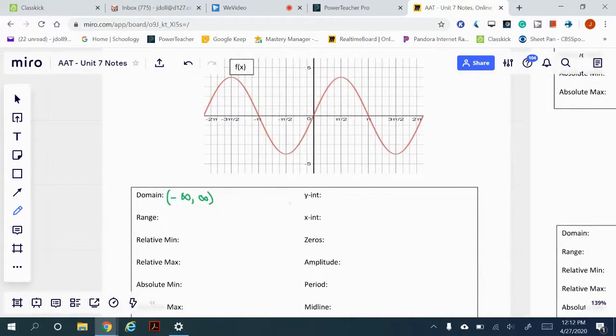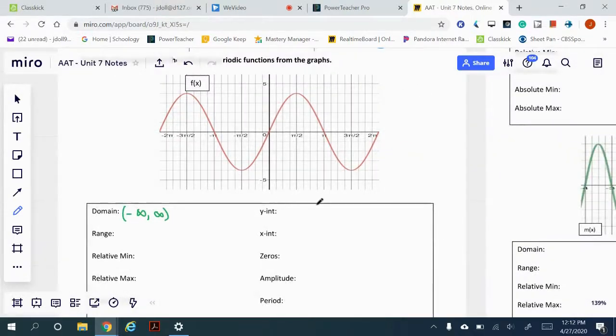Now the range, we've got to think a little bit more about the range. As we look, this repeated graph does not go up forever or down forever. Notice the highest this graph ever gets is +4, and the lowest it ever gets is -4. We also see that -4 and +4 are included, as points on that curve.